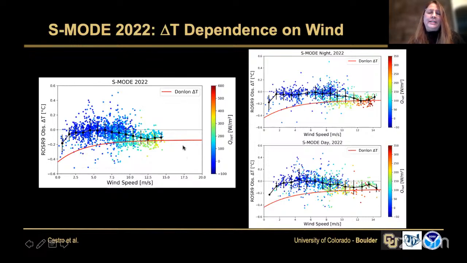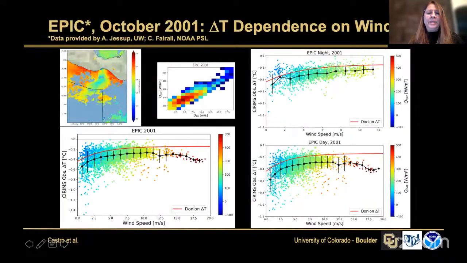What's interesting for S-MODE is that most of the points do not align with the Donlon curve for a great portion of the wind speeds. We can see from the colors that these conditions corresponded to very low heat fluxes. In fact, we have 0 delta T for 0 flux. Only when the wind speed and the heat flux increase past a certain threshold do the observations converge with the Donlon model.